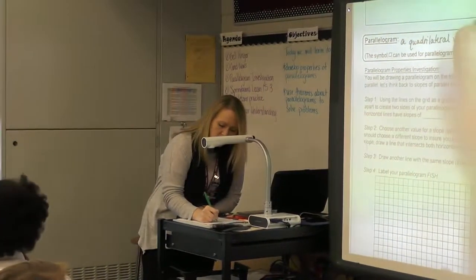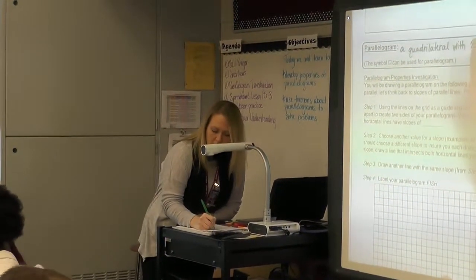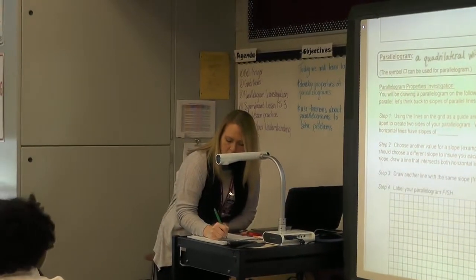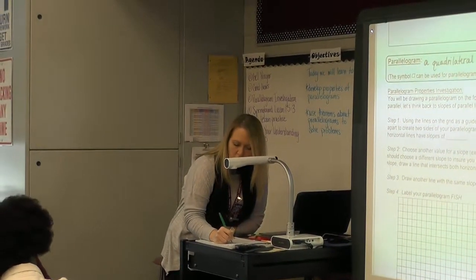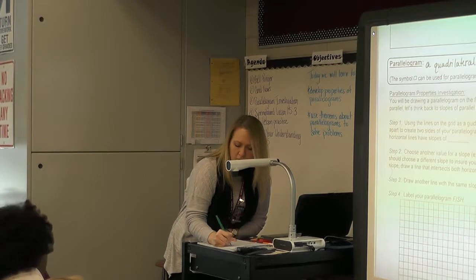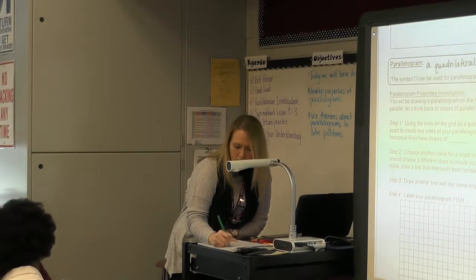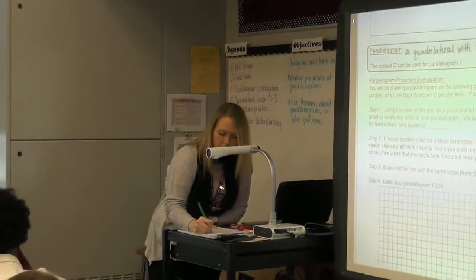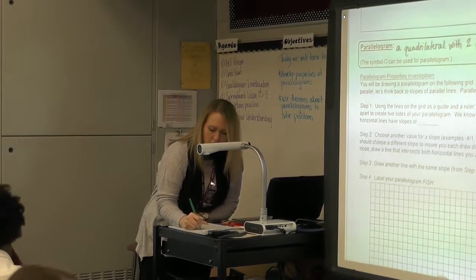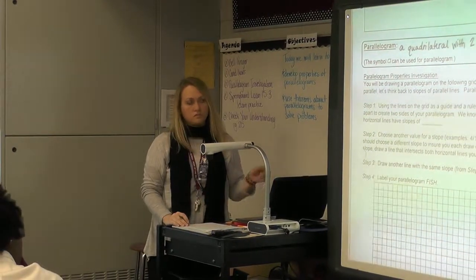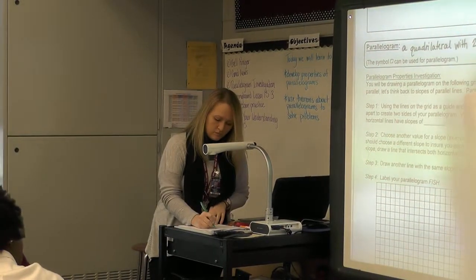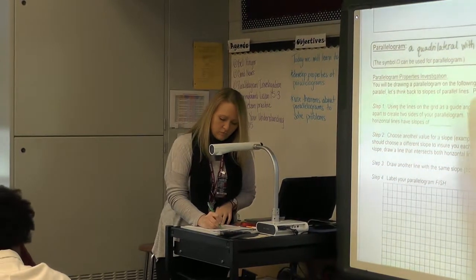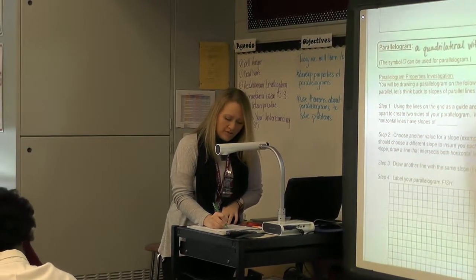So if you have two sets of parallel sides, you know how you put the arrow on the line? Do you have to put two arrows on a line that isn't parallel to the first set?